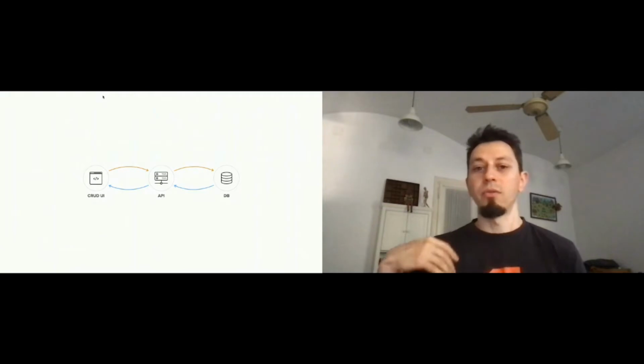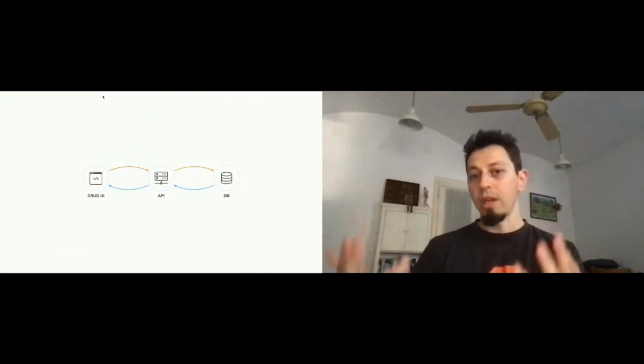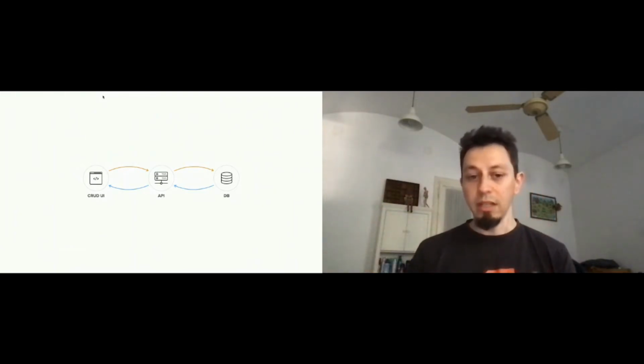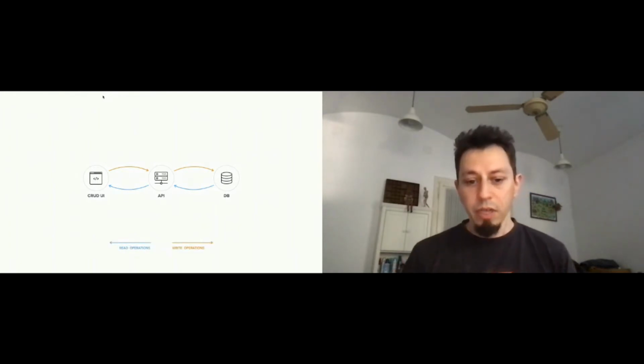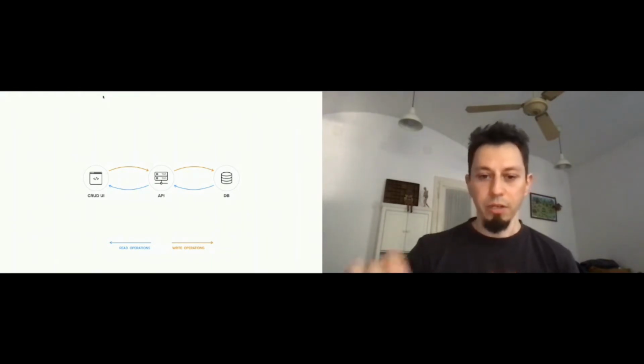Without being able to write or to create the data from the interface, we wouldn't be able to develop stateful components, right? Only empty states, for instance, for the components. So this is really convenient when considering CRUD interfaces. So just to keep in mind, the blue arrows are read operations, the orange arrows are write operations.